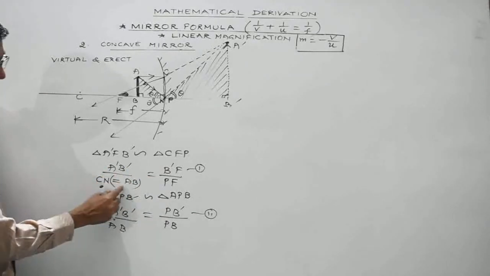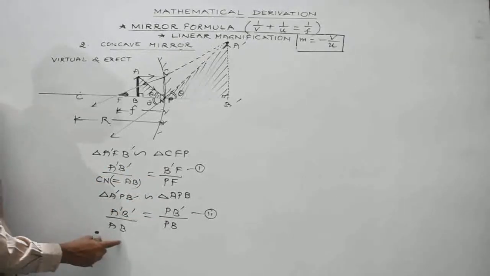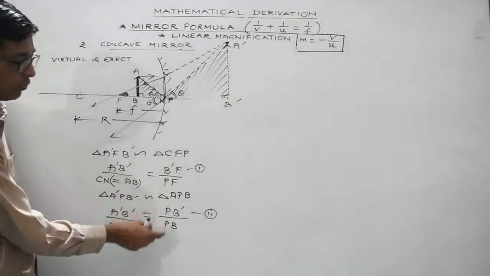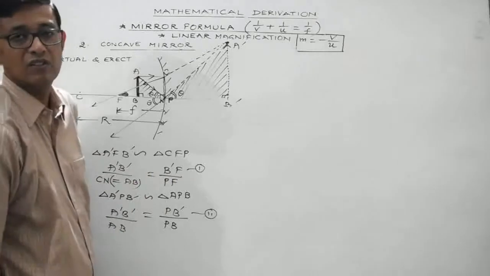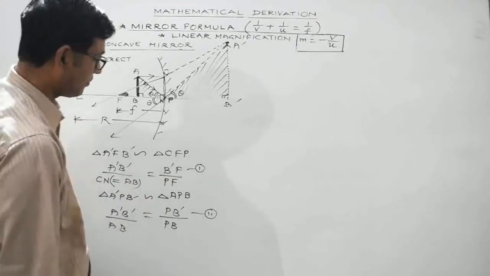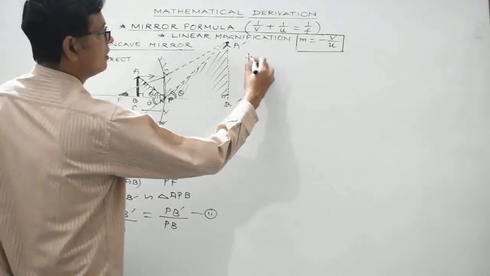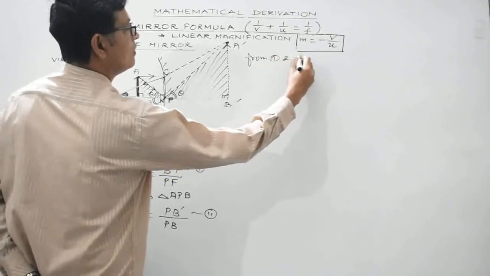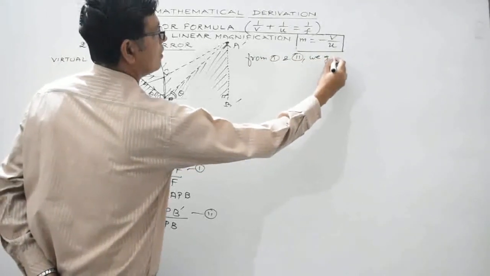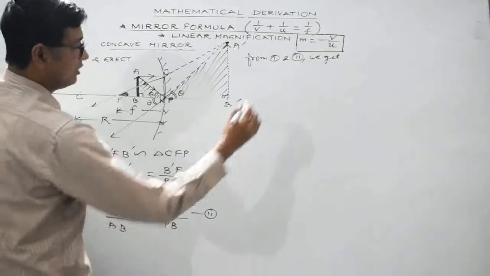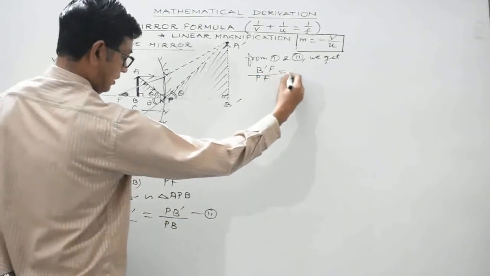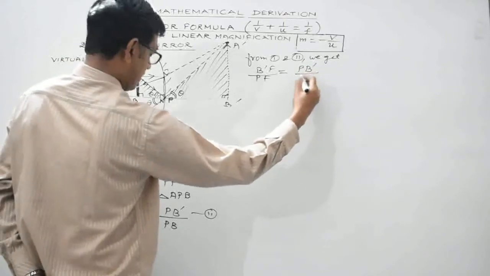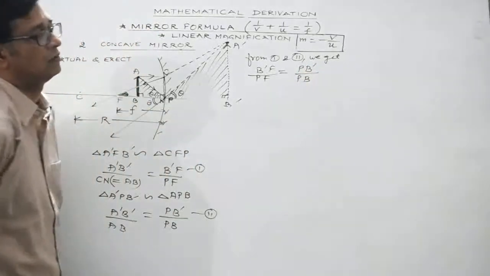It is A dash B dash by AB, here also it is A dash B dash by AB. So we can equate the terms in the right hand side of these two equations, right? So from 1 and 2 we get, you can equate these two. B dash F divided by PF is equal to PB dash divided by PB.